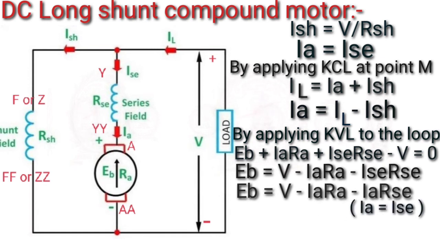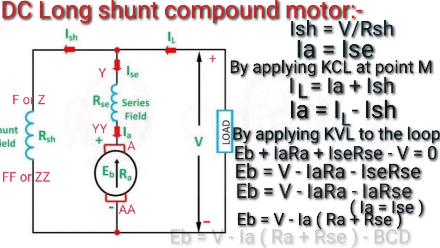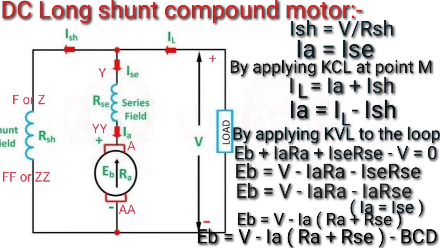Here IA is equal to ISC, so taking IA common to both, RA plus RSC. So EB is equal to V minus IA into RA plus RSC. Finally, EB is equal to V minus IA into RA plus RSC minus BCD.